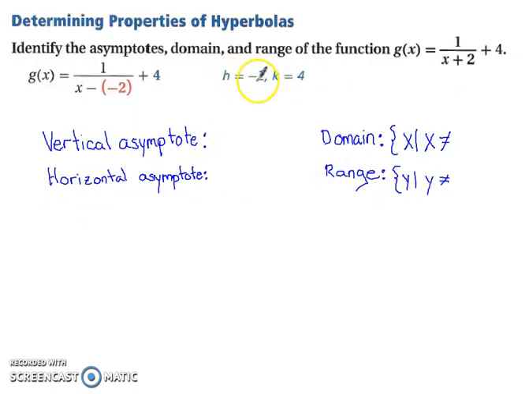So h is at negative 2, so you're going to have a vertical asymptote at x equals negative 2, which means your domain is going to be all x values such that x cannot equal negative 2. Now let's look at the horizontal asymptote. That dealt with k. So you have y equals 4, so y cannot equal 4.